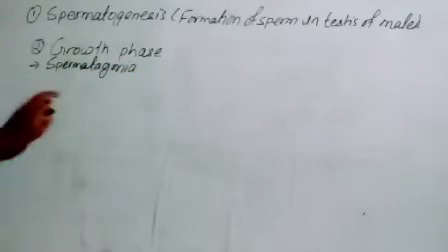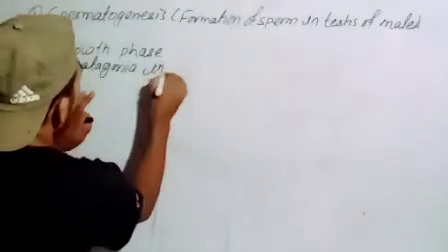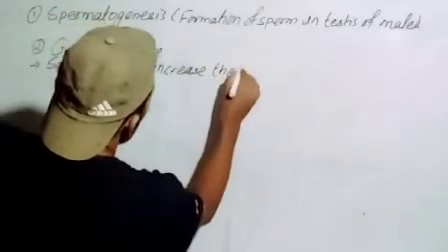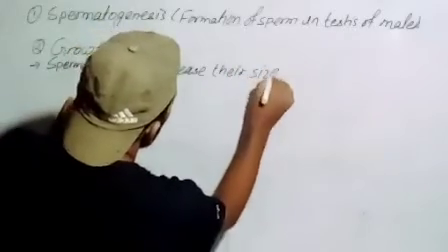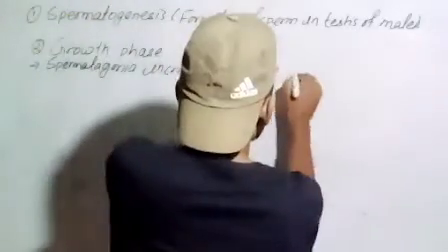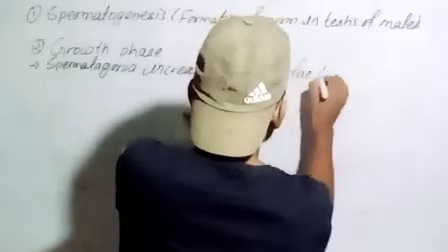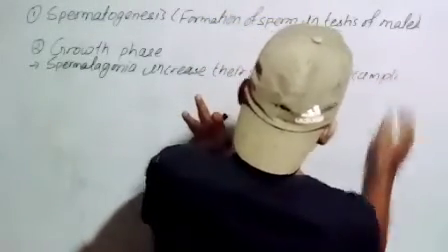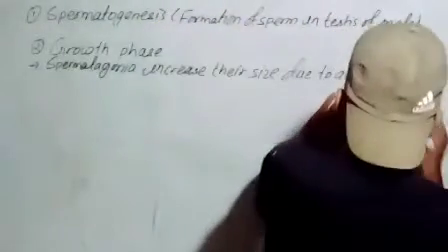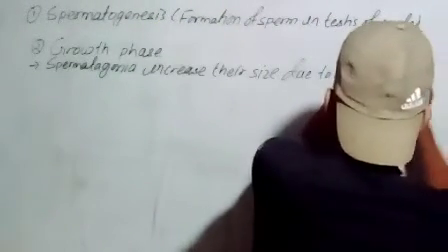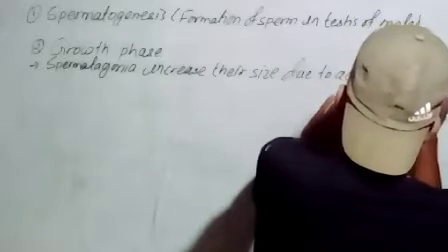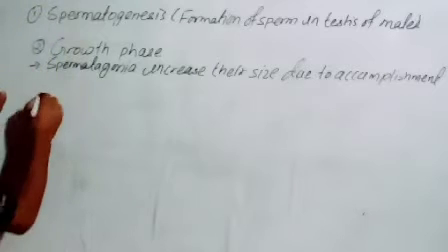The spermatogonia increase their size due to the accumulation of nourishment material. It means utilizing, absorbing, receiving nourishment material.